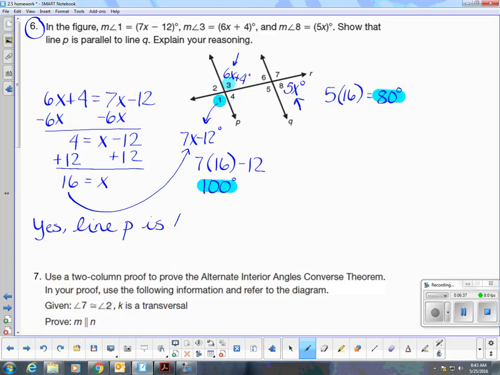Line P is parallel to line Q. And the reason is because angle 1 and angle 8 are supplementary.